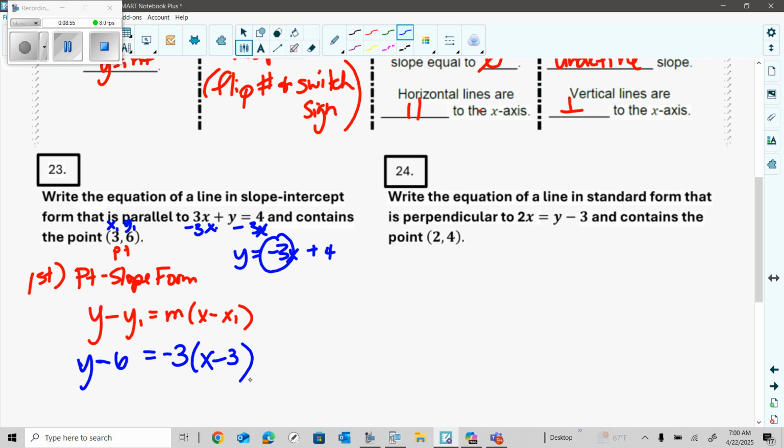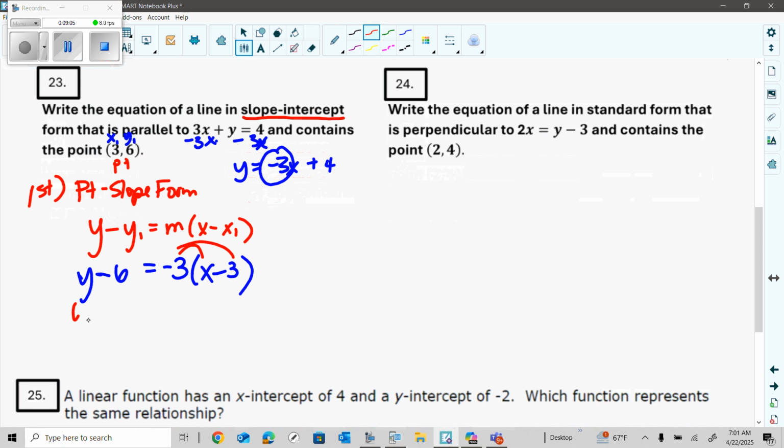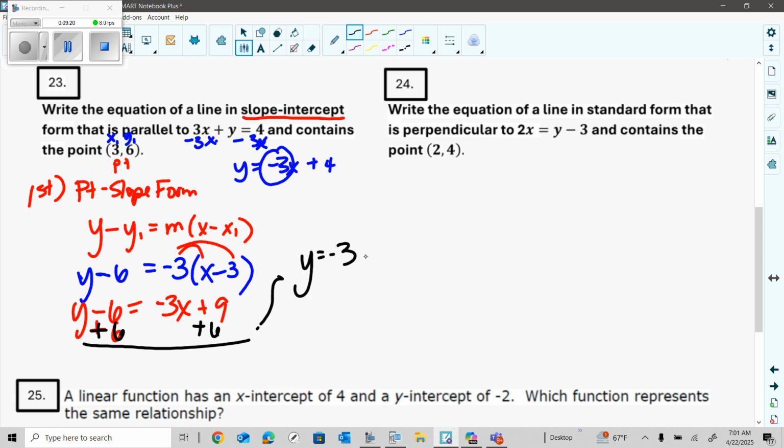And then to solve it for y, because we want to write the equation in slope-intercept form, we just have to distribute and then add or subtract. So we have y minus 6 equals -3x plus 9. And now we just have to add the 6. Okay, and so we have y equals -3x plus 15.